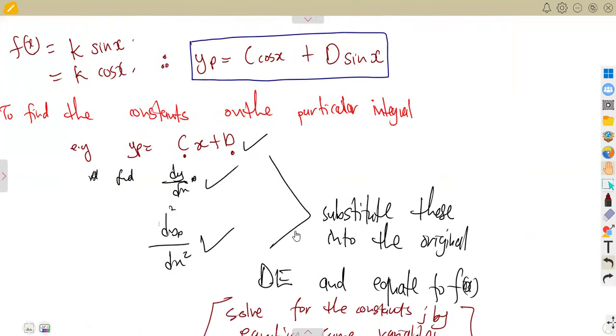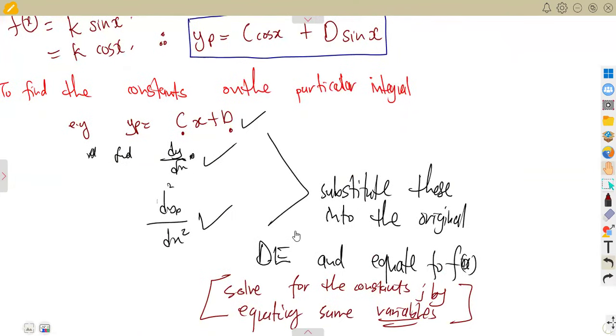By doing that, you can equate what corresponds to f of x, and solve for constants by equating same variables. So that's how C and D are found. But A and B are not yet calculated.